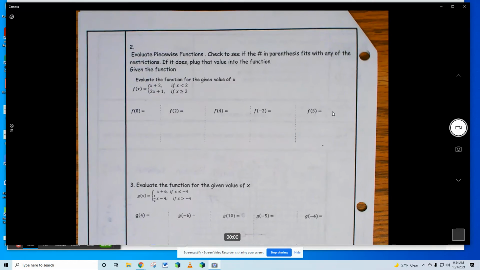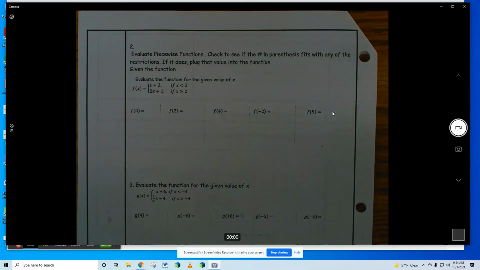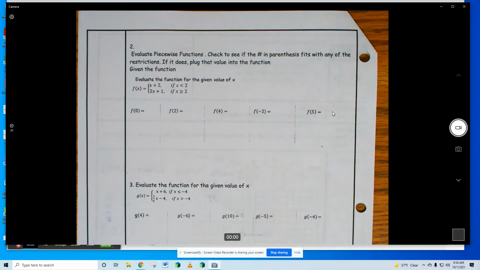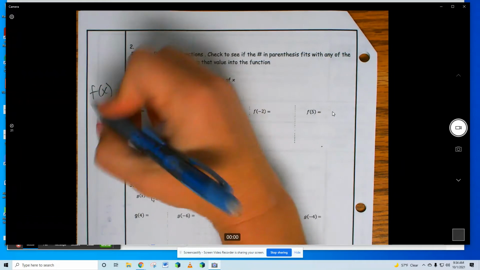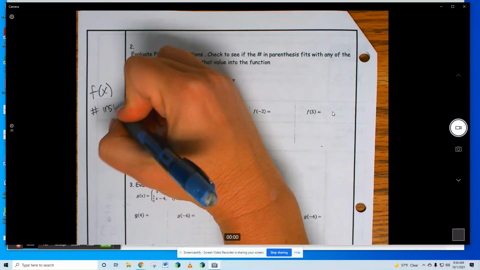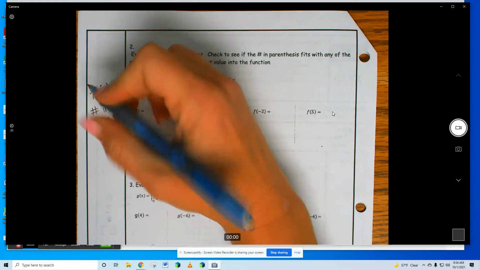Evaluating piecewise functions. We are going to check to see whether the number in parentheses, this says f of 0, like x would be 0. F of x, the number inside is my x value.